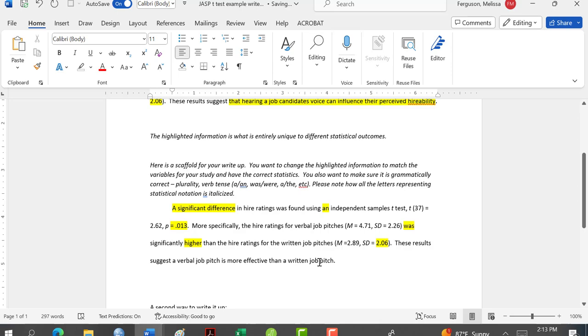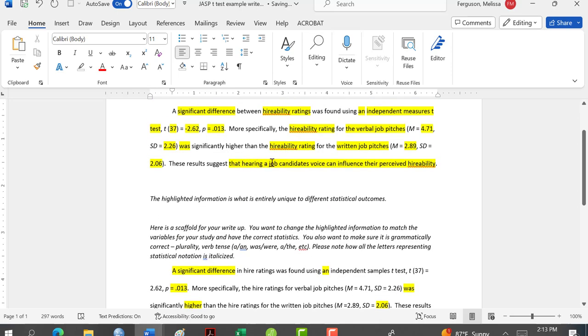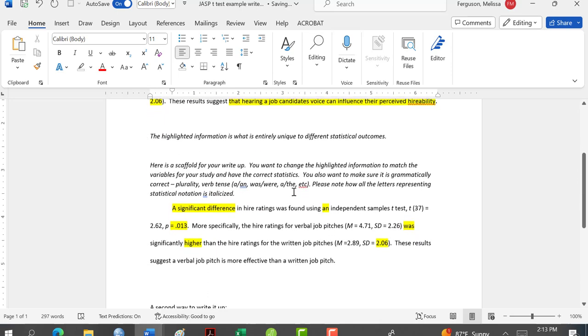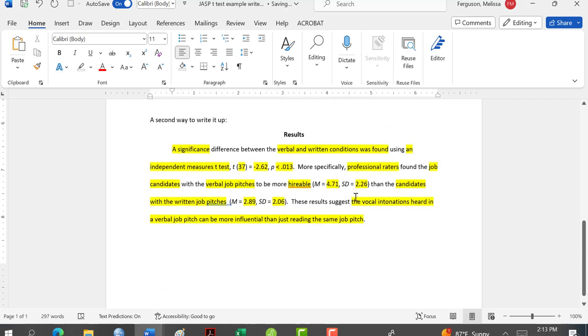Now that's one way of interpreting the results. You can see up here I have that hearing a job candidate's voice can influence their perceived hireability, or that the vocal intonations heard in the verbal job pitch can be more influential than just reading the same job pitch.